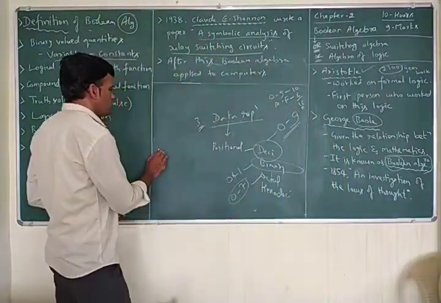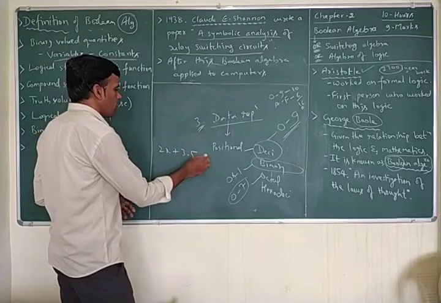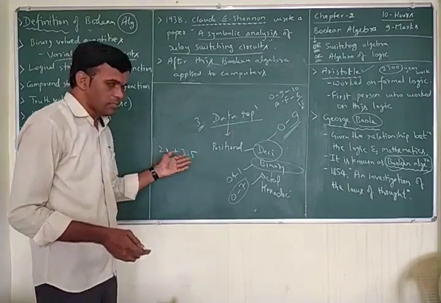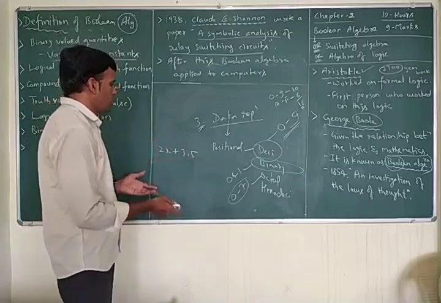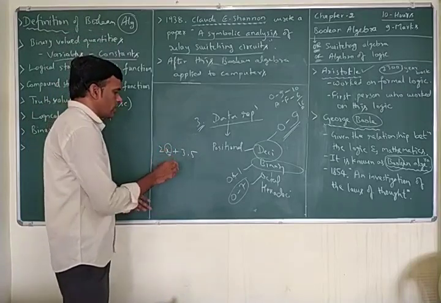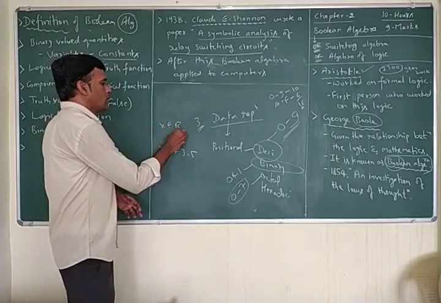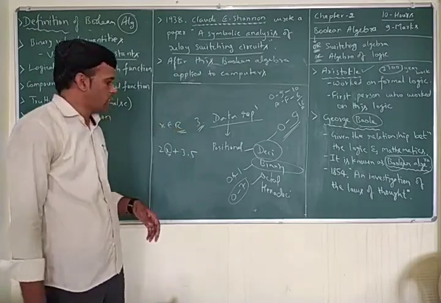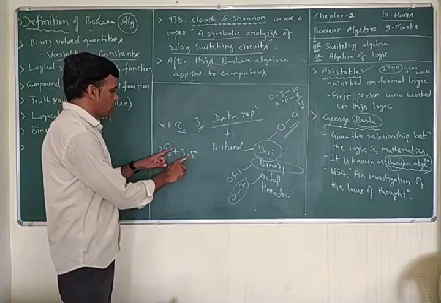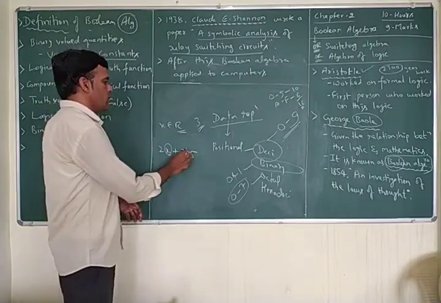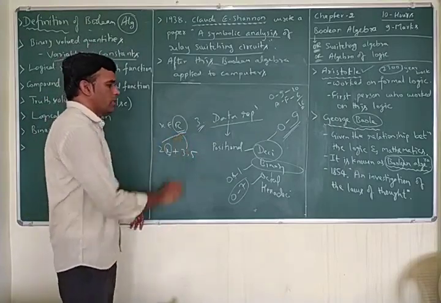Say 2x plus 3.5, it's a good algebraic expression. Here the variable may be any value belonging to the real set, and the numerical values are again belonging to the real set.